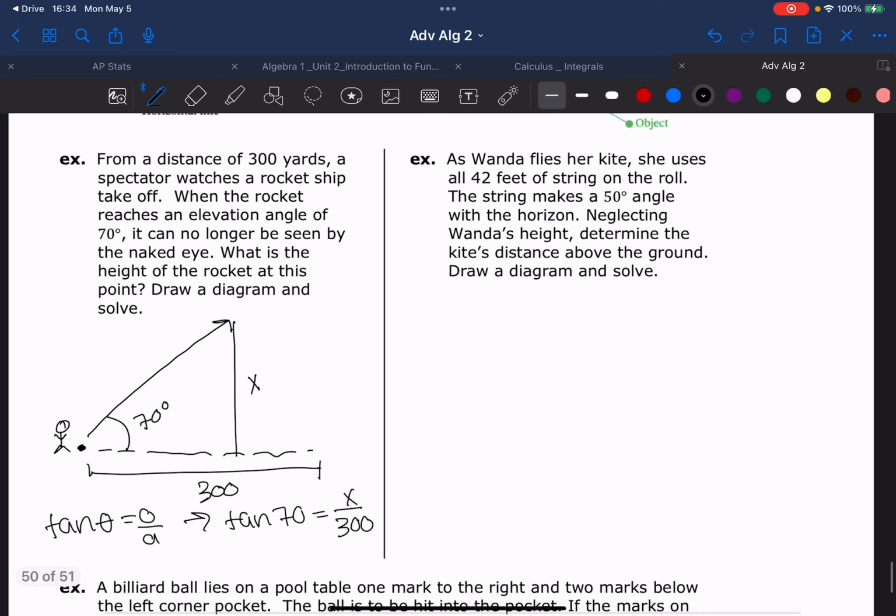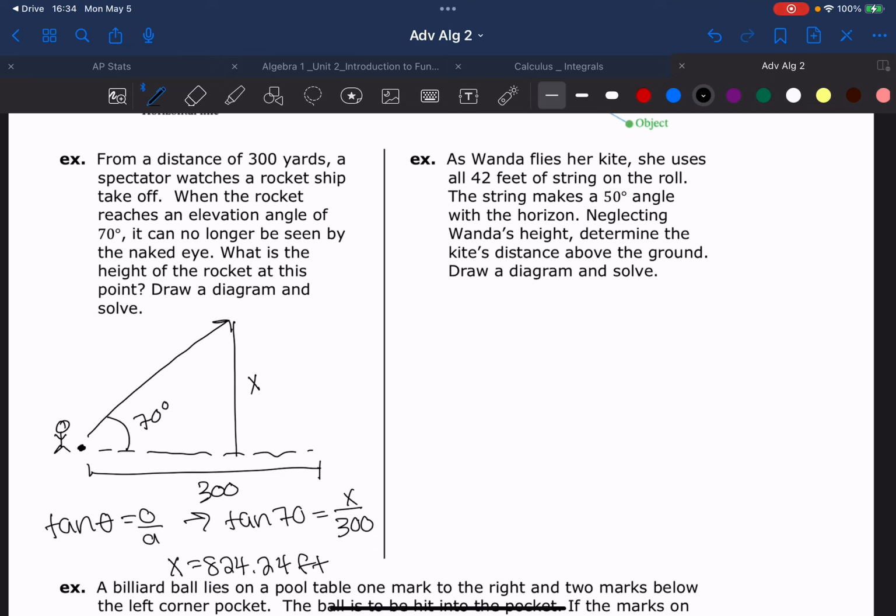Well, we would type this into our calculator and we get x is equal to 824.24 feet. So once the rocket is 824 feet above ground level, then the observer, the spectator, can no longer see the rocket with the naked eye.